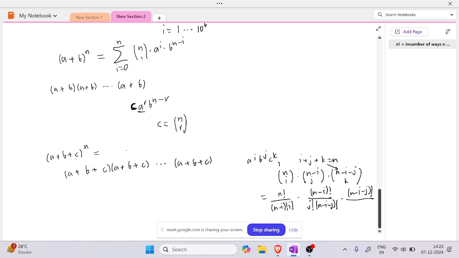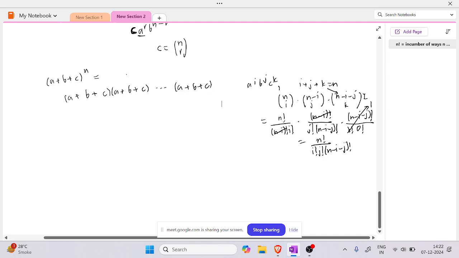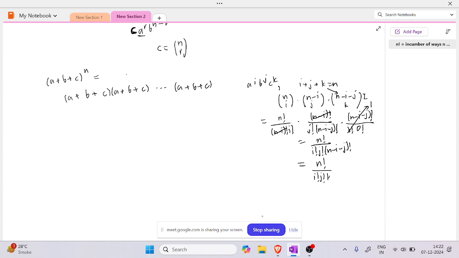But I am just expanding it. So this is just going to be 1, and these terms are also going to cancel. So this is n factorial by i factorial, j factorial, k factorial.